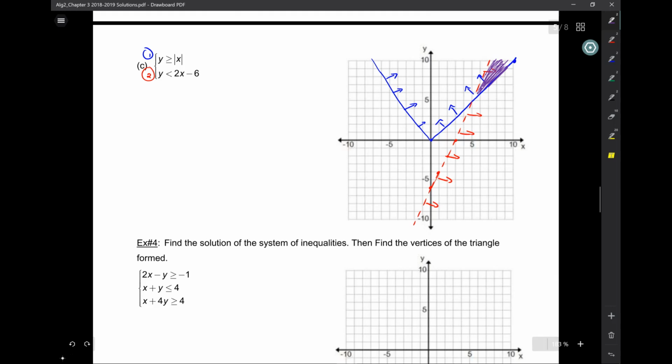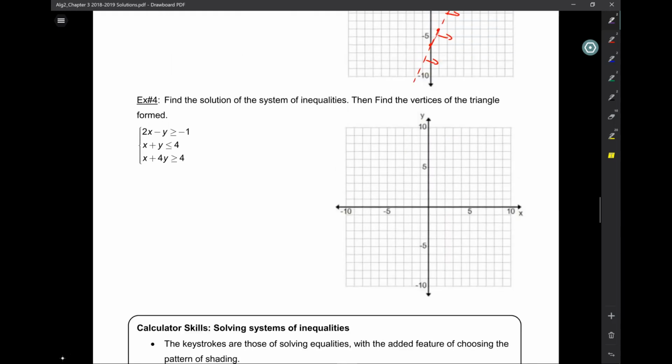Questions? Okay, let's do this other one. All right, so we have 3 here. So let's do this one. We're going to solve this for y. So negative y is greater than or equal to negative 2x minus 1. And so now what's y equal to? y is less than or equal to 2x plus 1.